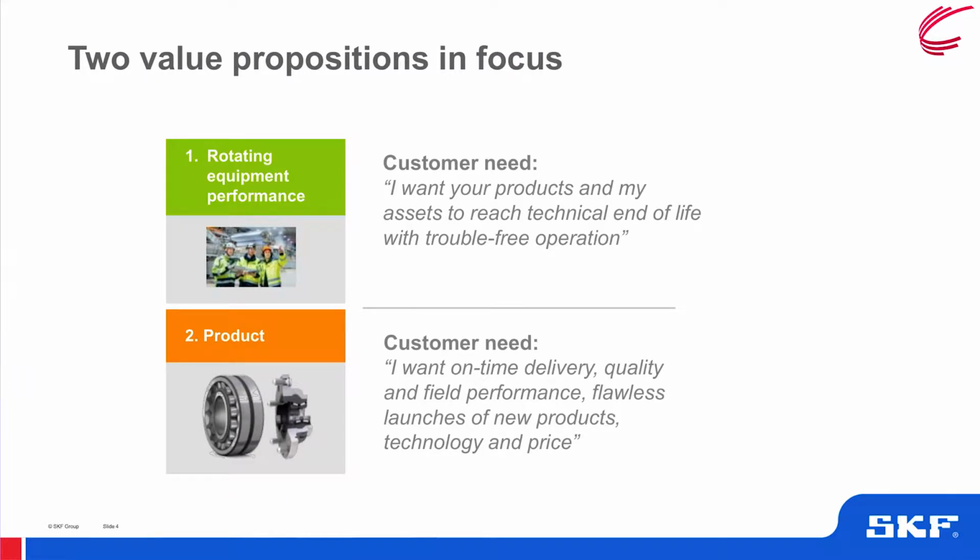We have two value propositions. The first value proposition that we have is what we call the rotating equipment performance. So as I said, I want to make my customers run their assets with a trouble-free operation along the life of the asset, along the life of the bearing.